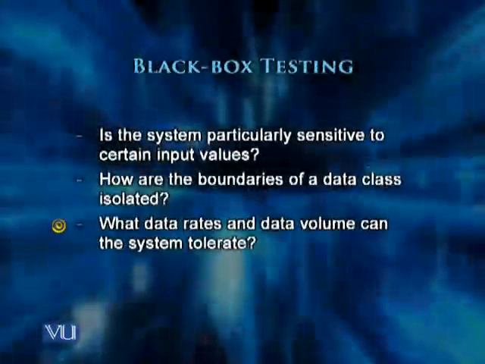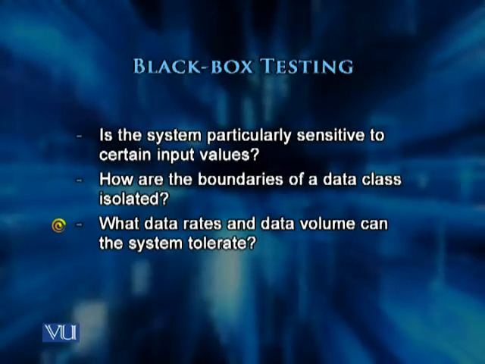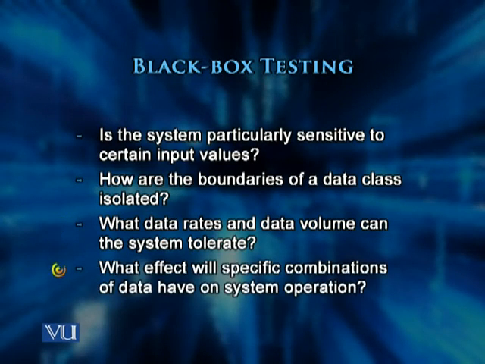And how we isolate them is a question that the black box testing experts have to answer. And what data rates and data volume can the system tolerate? This deals with the reliability and performance aspects of the software. Another question is, what effect will specific combinations of data have on the system operation? And this also deals with the characteristics of the software.